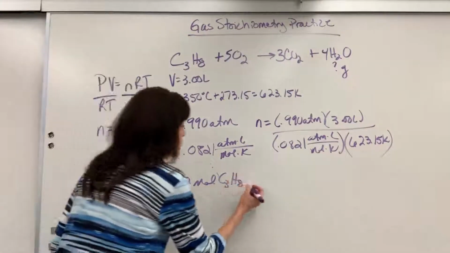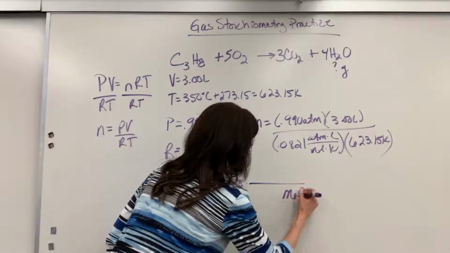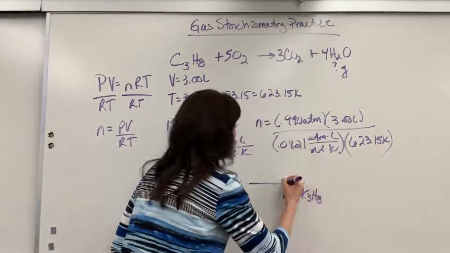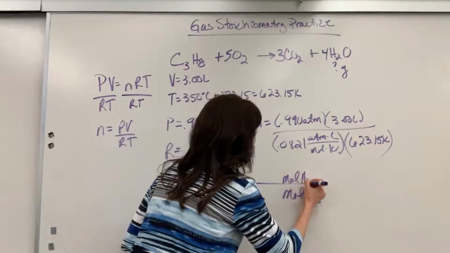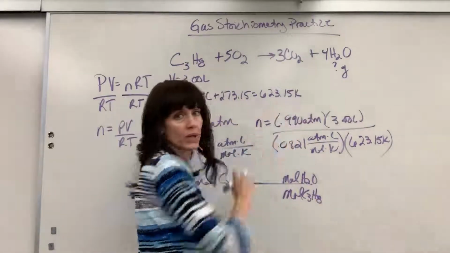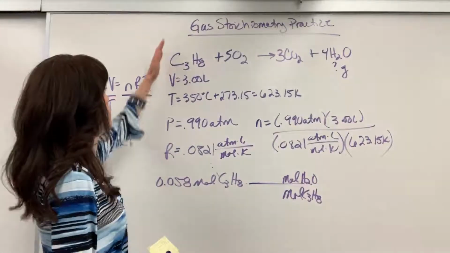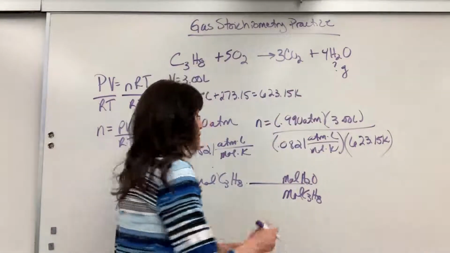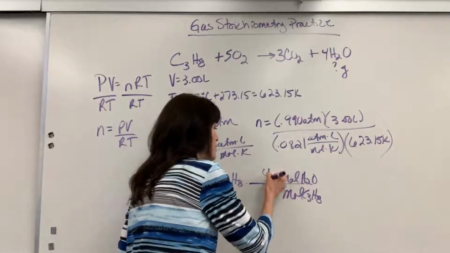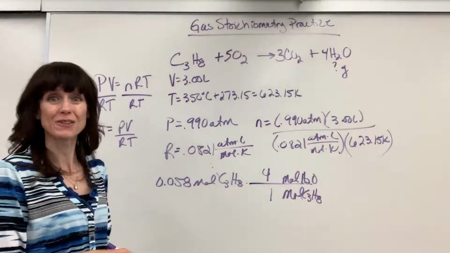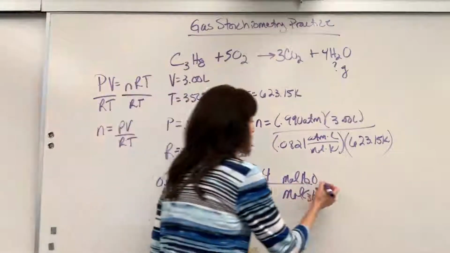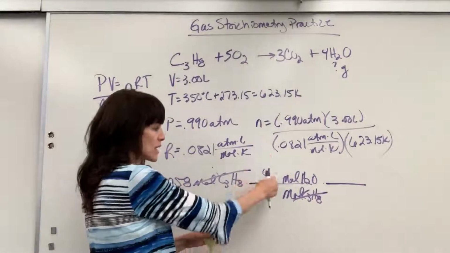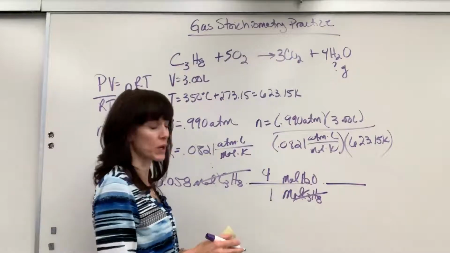So we are going to cancel the moles of the propane, and we want the moles of the water. That's walking the bridge. Now I look at the ratio. 1 mole of propane produces 4 moles of water. I just write down those molar coefficients. And then they wanted mass. Notice moles of propane cancel. If I stopped right there, you'd have moles of water, but we want grams.